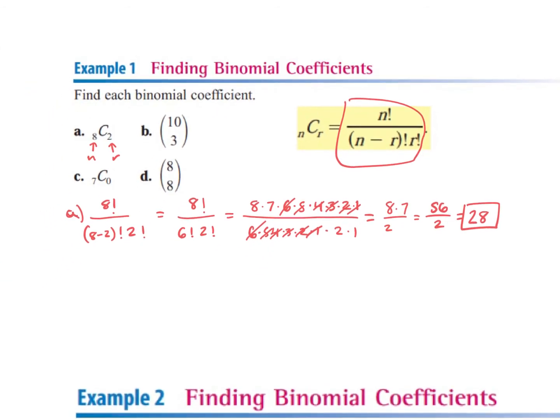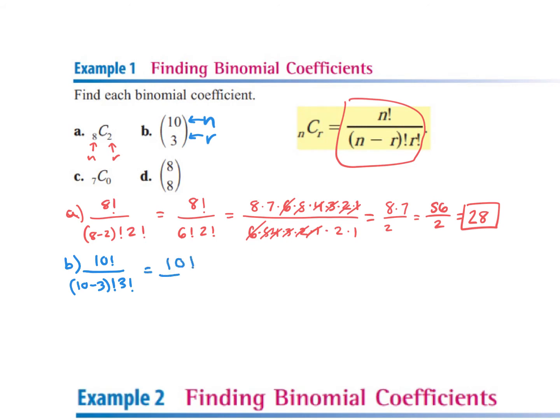All right, let's do B. So which one is our n and which one's our r? Ten is n and 3 is r. So we plug it in. We have 10 factorial over 10 minus 3 factorial times 3 factorial.